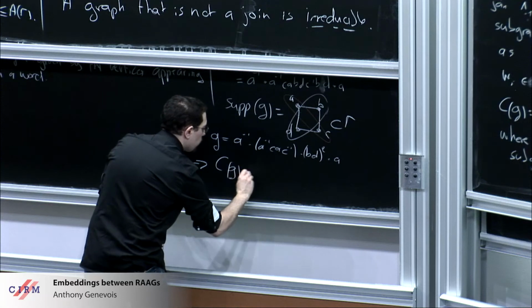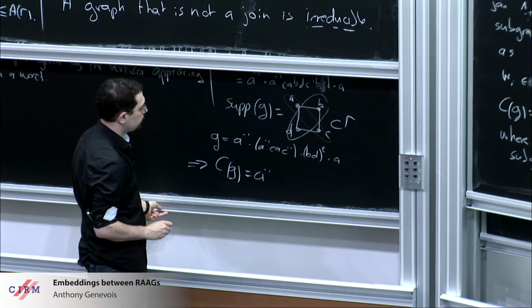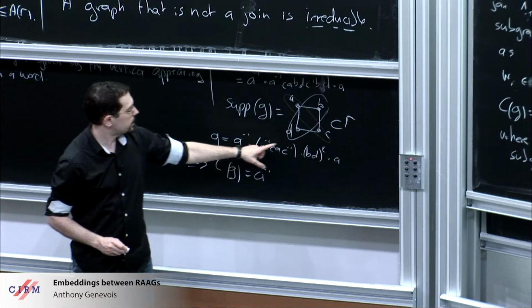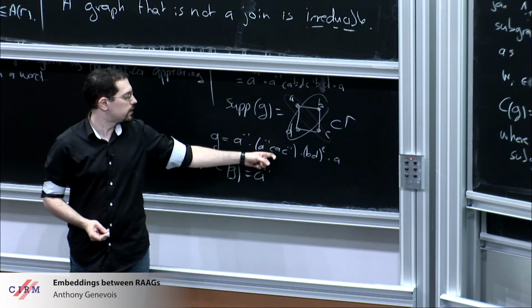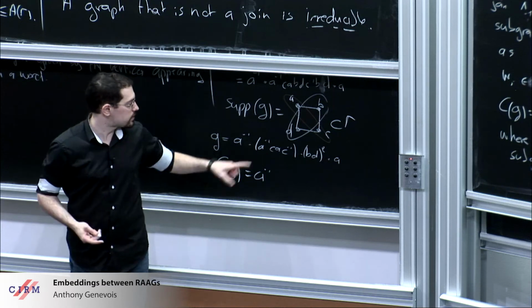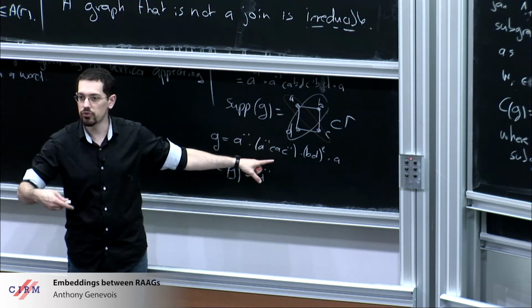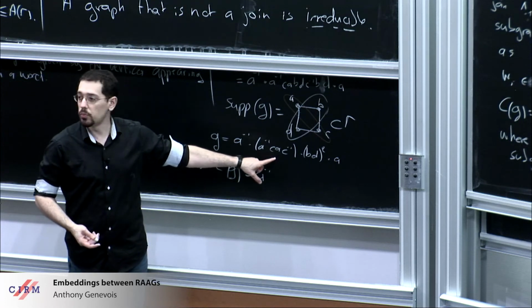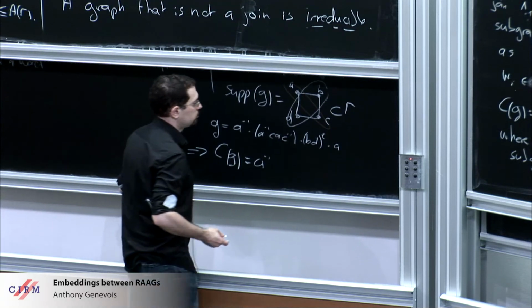So for the centralizer of G, you have A minus 1 all the time. The question I ask is, is this element a power of something? Is the cyclic subgroup generated by this element maximal or not? Which amounts to saying, is this element a power of something? And actually it's not.